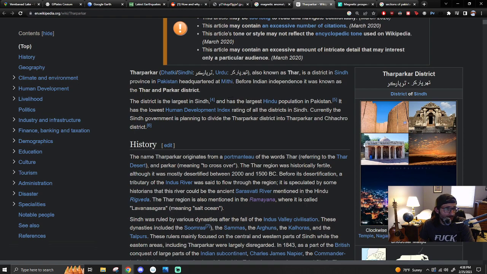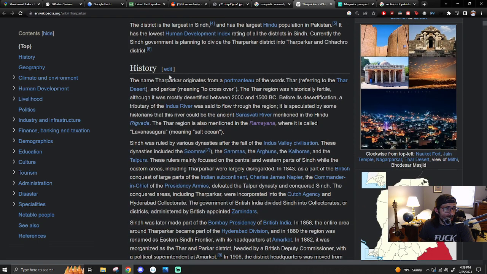Thar Parkar. Thar, referring to desert, the Thar Desert.